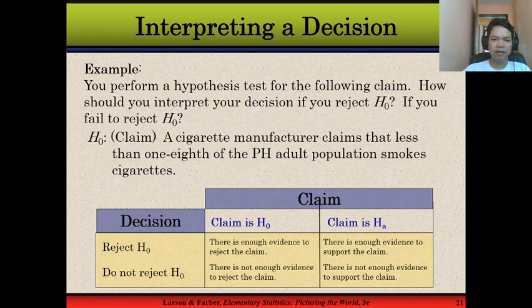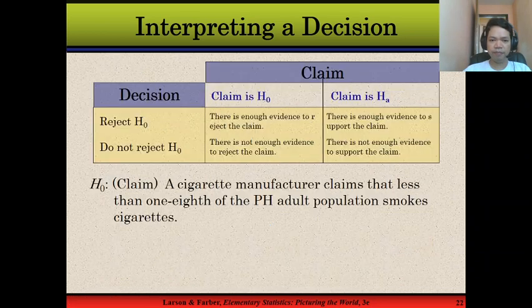Okay? Example tayo. You perform the hypothesis test for the following. How should you interpret? Okay. Kay null hypothesis yung claim. A cigarette manufacturer claims that less than 1/8 of the PH adult population smokes cigarette. Okay. Ang claim ay kay null.